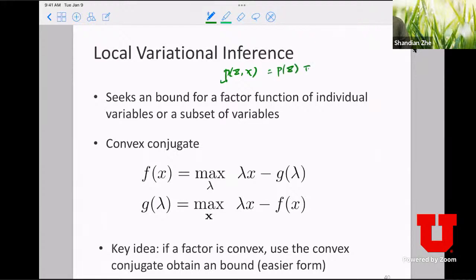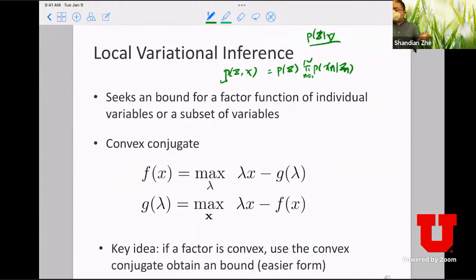For example, suppose we have this structure. We know that the reason we can't compute the posterior distribution of z given x is because the combination of the factors in this distribution makes the whole marginalization intractable, right?